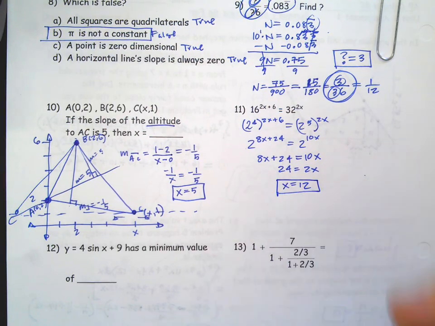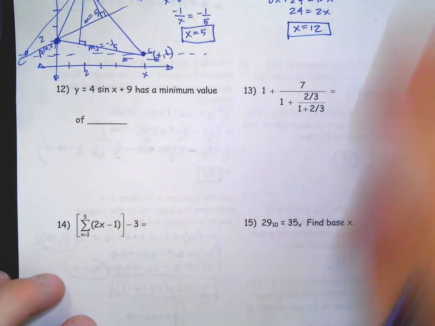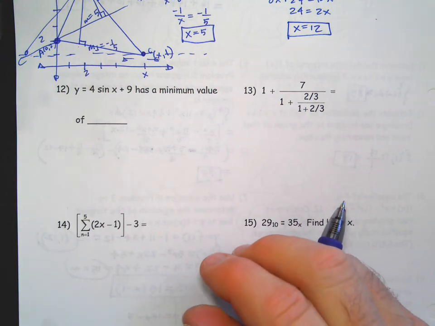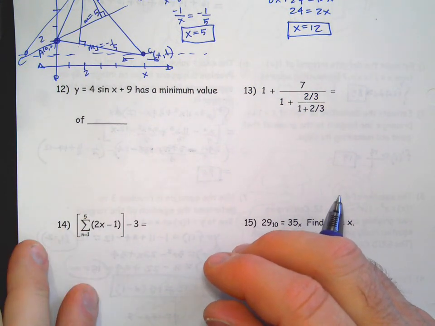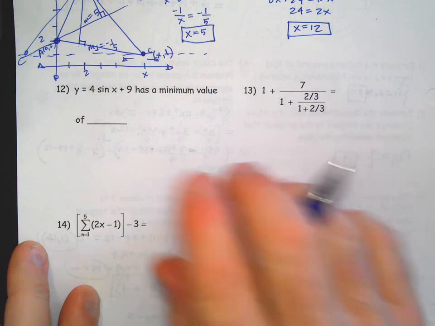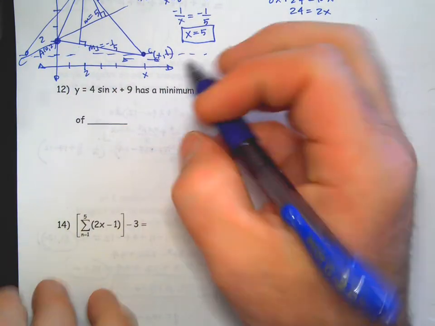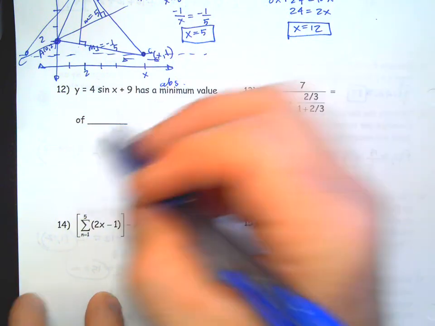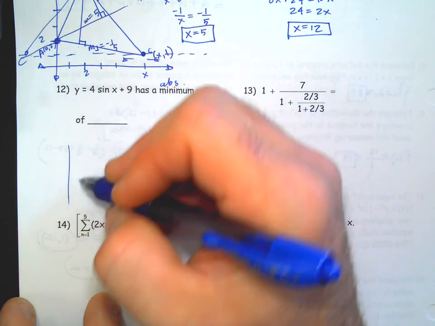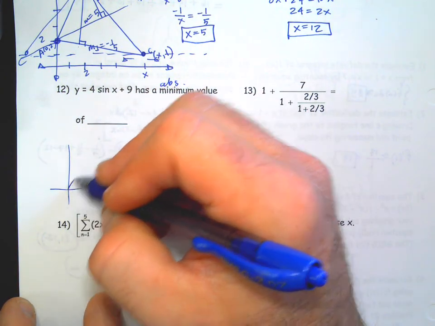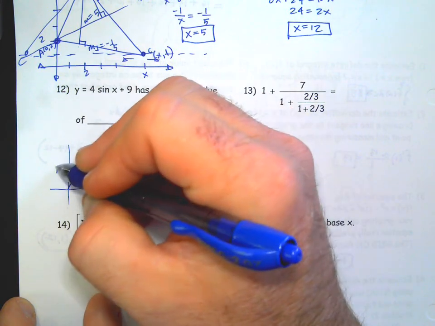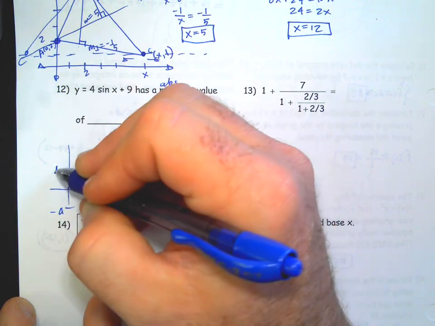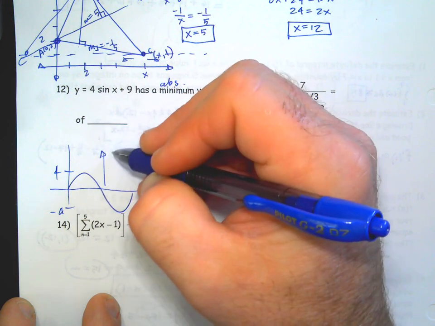All right. Number 12, you have a graph. What's the minimum value? Well, you graph this to maybe help you. But the minimum is the absolute min. But you also know what a sine curve looks like, right? This is a sine curve. Sine curve usually looks like this. The amplitude is 4 to negative 4, right? And then you're going to move it up 9 units.